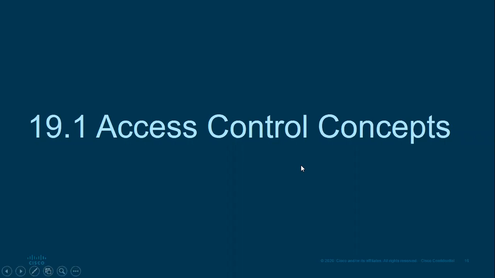Access control concepts. As I've been saying, whatever is in this course has to be implemented. But with years of teaching, what I've learned is that students normally just memorize stuff, which is very, very bad.